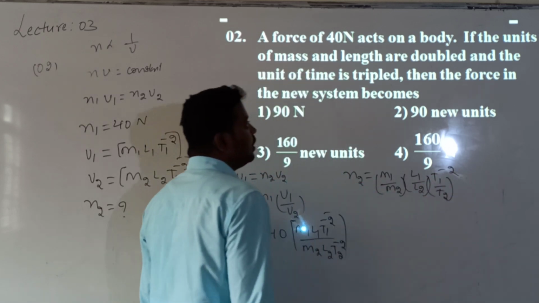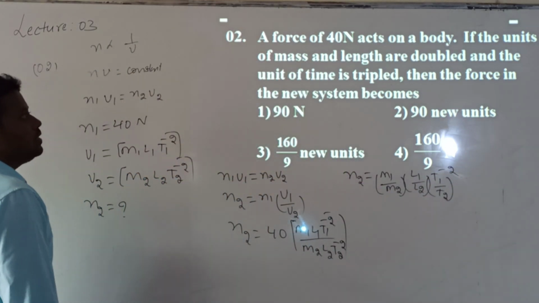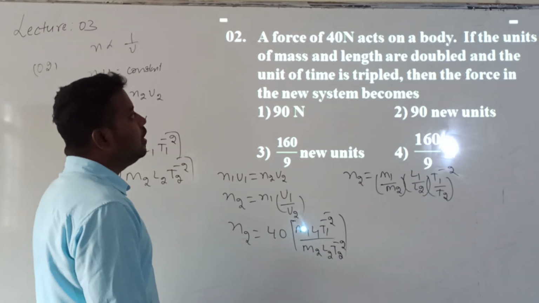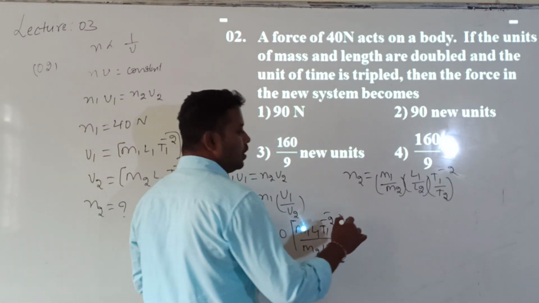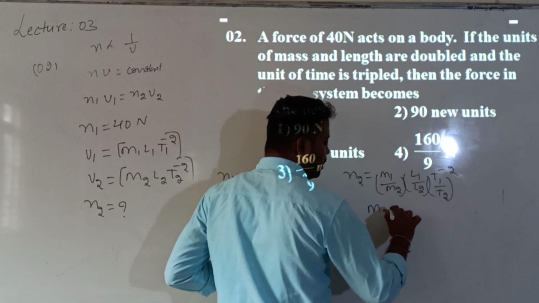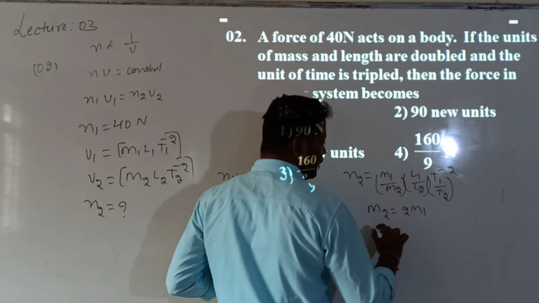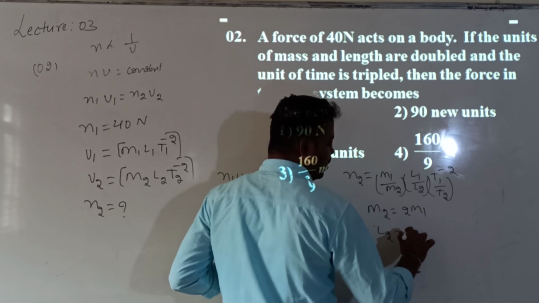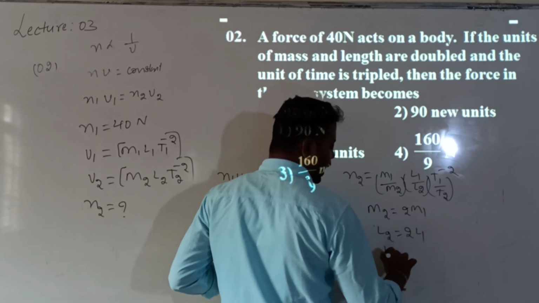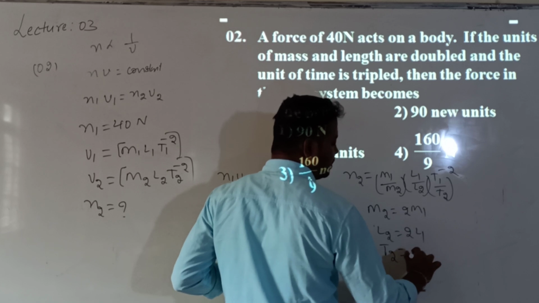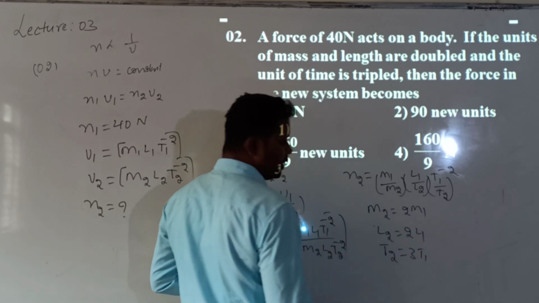They are telling that the units of mass and length are doubled and the unit of time is tripled. What does it mean? M2 is equal to 2 M1, L2 is equal to 2 L1, and time is tripled, so T2 is equal to 3 T1.